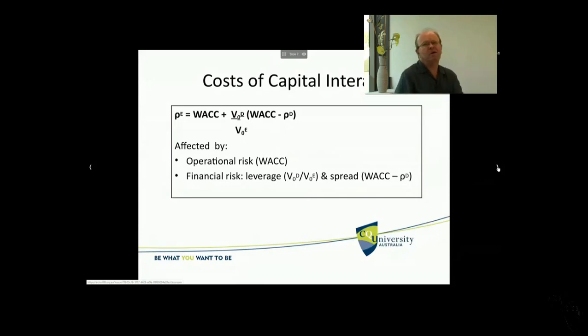So you can see that the cost of equity capital is affected by the operational risk, which is the weighted average cost of capital, plus the financial risk, which is the leverage, debt to equity, and the spread, the difference between weighted average cost of capital and the cost of debt capital.